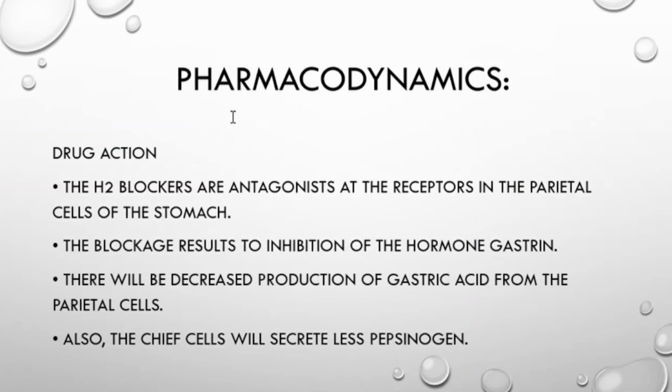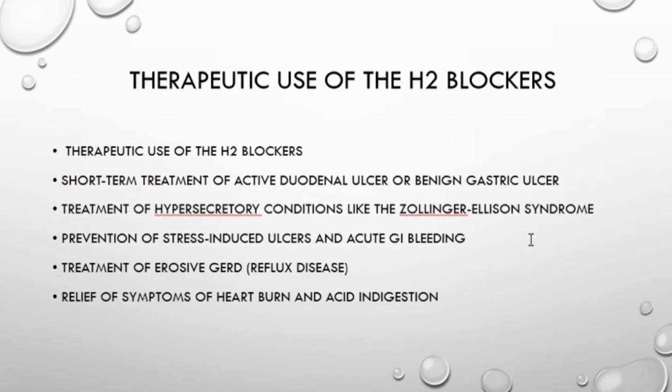And what are the pharmacodynamics of these drugs? They are antagonists at the receptors in the peripheral cells of the stomach, and the blockage results in inhibition of the hormone gastrin. There will be decreased production of gastric acid from the peripheral cells, and the cells will also secrete less pepsinogen.